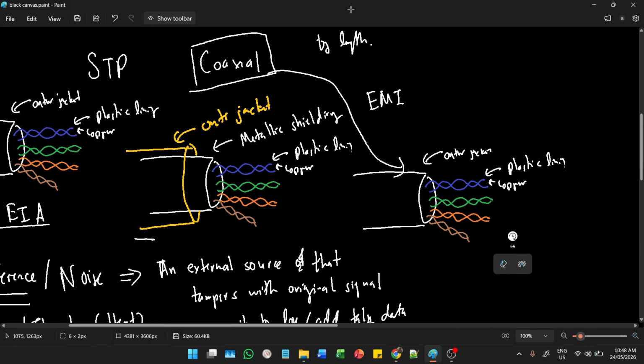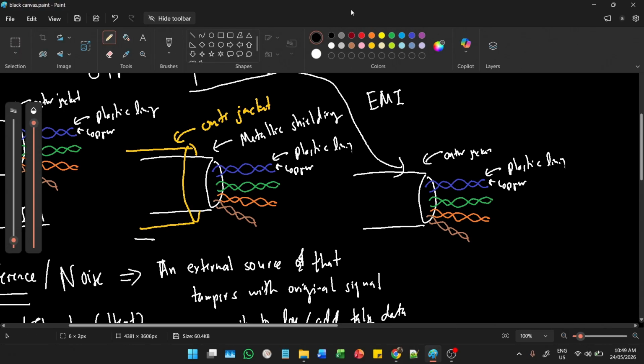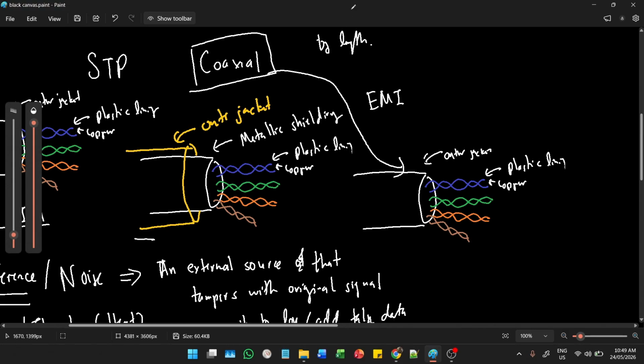It has actually two different parts. So let's quickly erase the outer jacket bit. Let me also remove this for simplicity's sake.